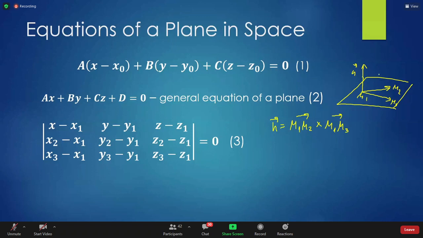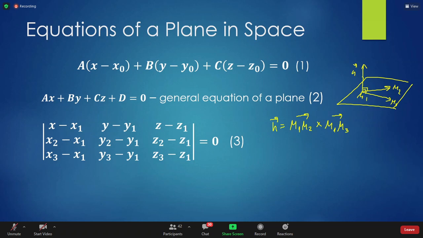So it has to be perpendicular to this and perpendicular to this. We know that the vector product has such a property. If I find the vector product of these two vectors, m1m2 and m1m3, then this vector product should be perpendicular to the plane.